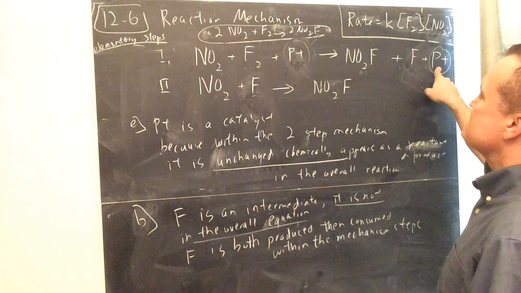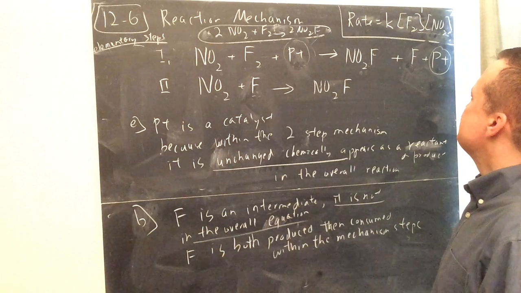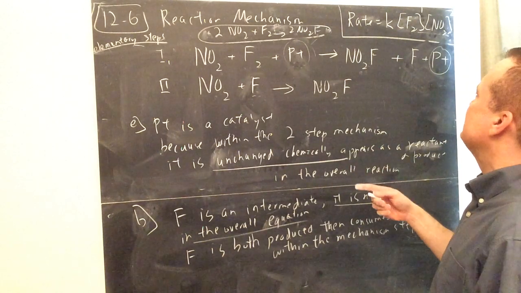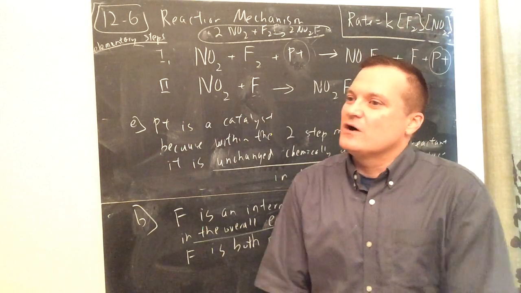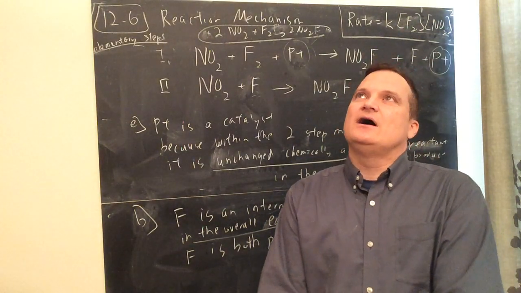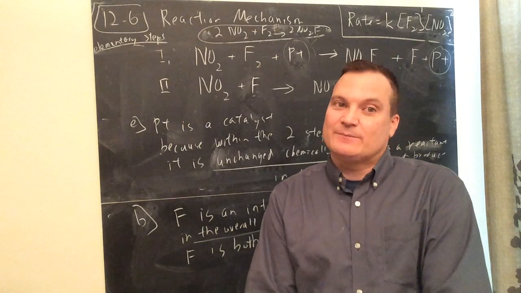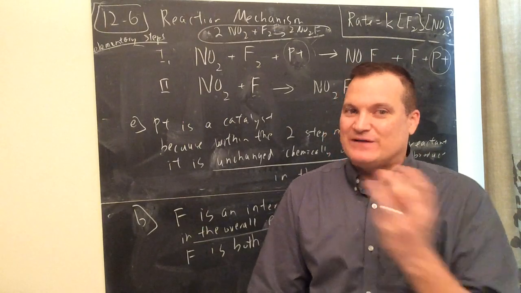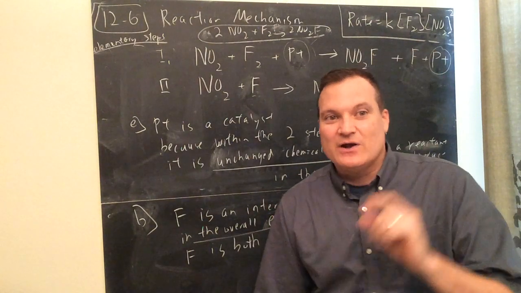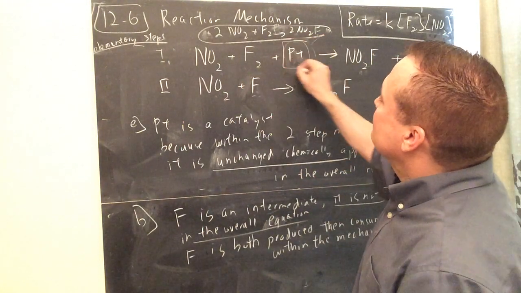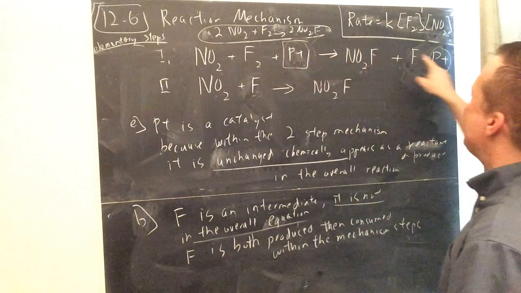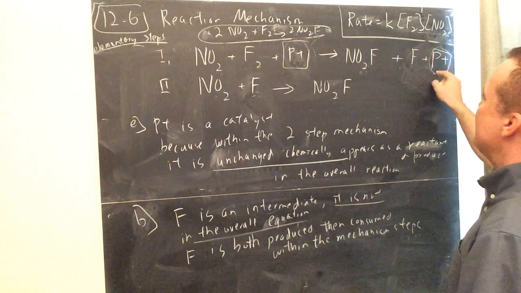It could even join on to something temporarily. So it's not impossible for a catalyst to be part of an intermediate. I don't want to make it mixed up here, but the way you'll know it is platinum went in as platinum, and it came out as platinum also, okay?